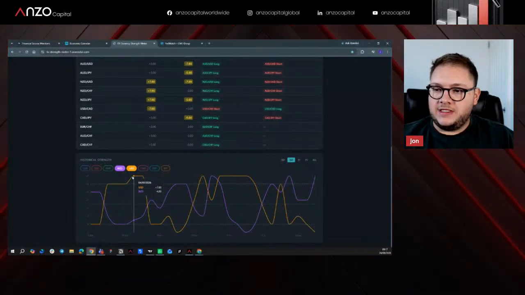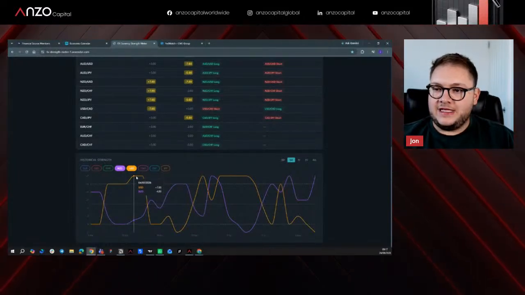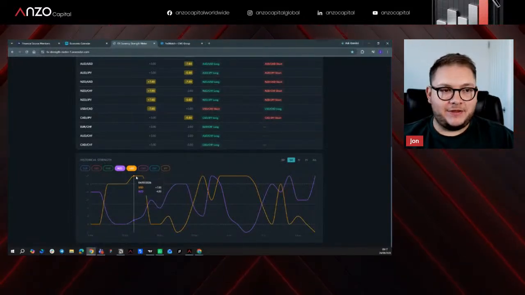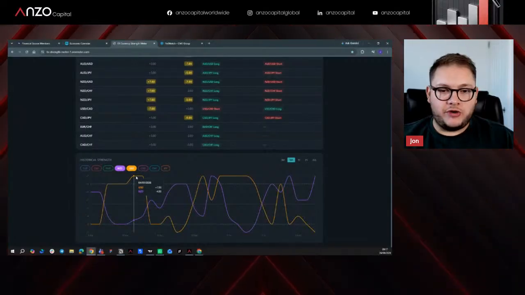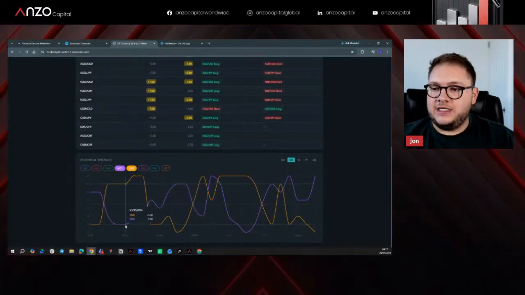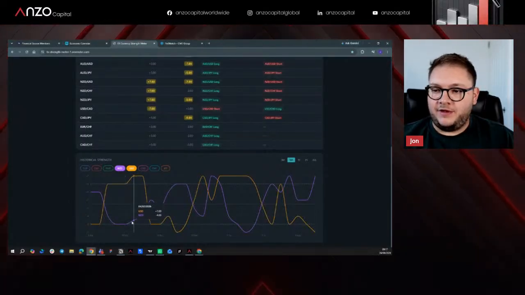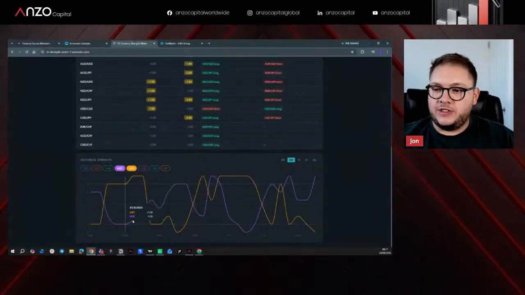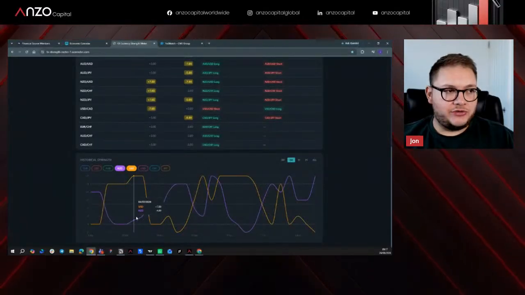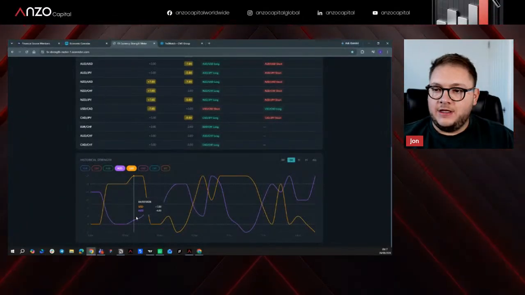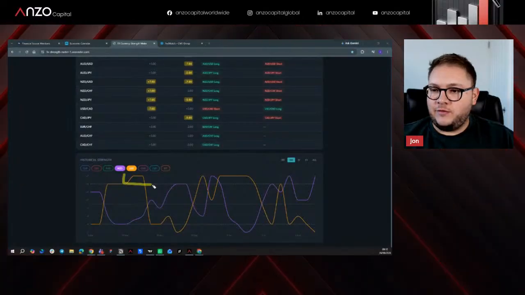But if you noticed, look, US dollar is at +7, showing that it's one of the strongest currencies. New Zealand dollar has just gone from -5 to -4. So it's showing that it's kind of uplifting its strength a little bit. Okay. So this to me is a classic one pattern.